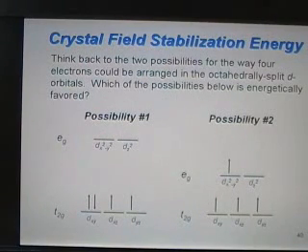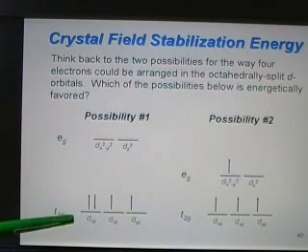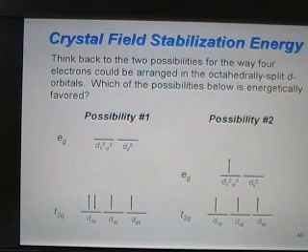Now, let's continue to think about crystal field stabilization energy. Let's go back to the 2 different ways that you can arrange 4 electrons in the d orbitals. Remember, there's 2 possibilities. You can put all 4 electrons in the T2G set, giving 2 unpaired electrons.